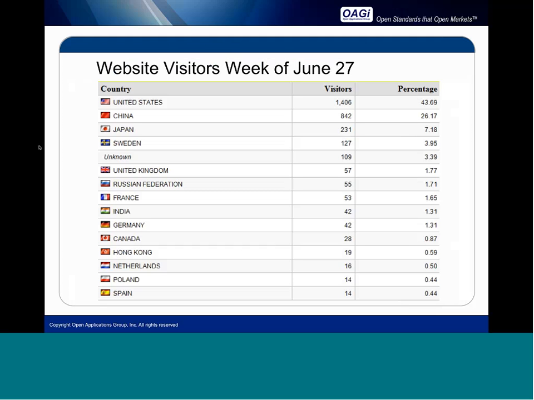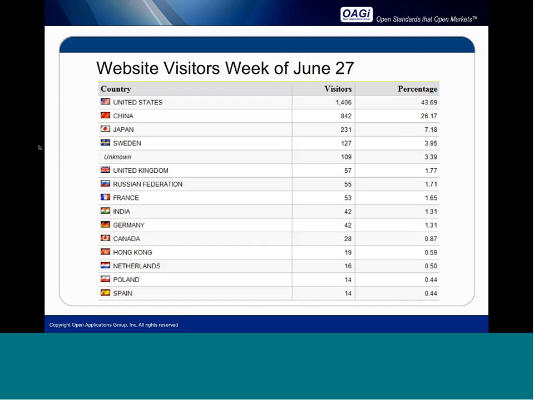A report from about a week ago, for the week of June 27th. This is a list of visitors. Again, these are visitors, not necessarily registrants. So, where was the person located who browsed to the OAGi website? And not surprisingly, a large percentage came from the United States. But China, Japan, Sweden were way up there.